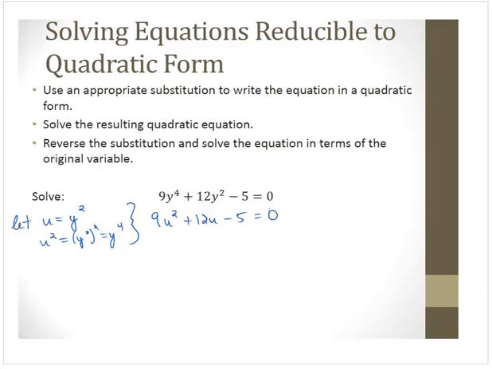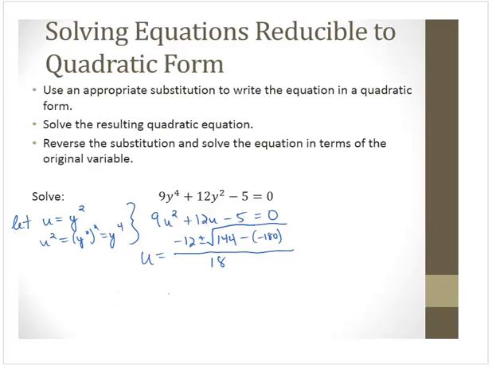So now we're going to solve this resulting quadratic equation. And we have a number of choices here on how to solve this equation. I'm just going to use the quadratic formula. So then u would equal negative 12 plus or minus the square root of 12 squared is 144 minus 4ac, 4 times 9 times negative 5, that would be minus negative 180. 4 times 5 is 20, times 9 is 180, over 2a, 2 times 9 is 18.